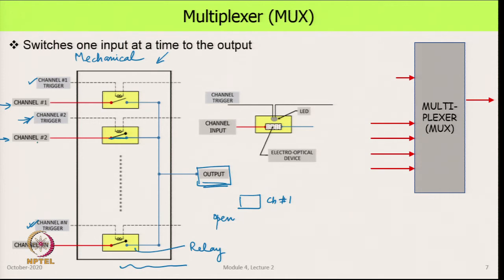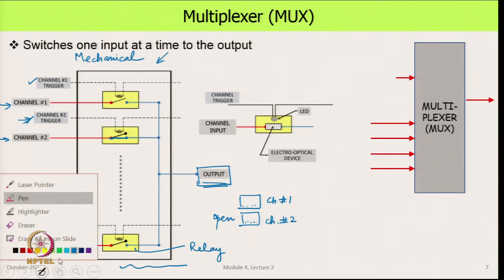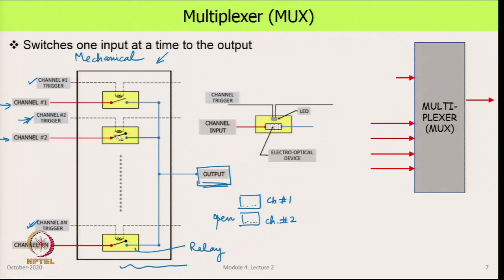Now, the signal of channel 2 is coming here, and what you see is channel number 2, the value. After channel 2 has been read, we again switch off this signal, the switch opens, then we go to channel 3.